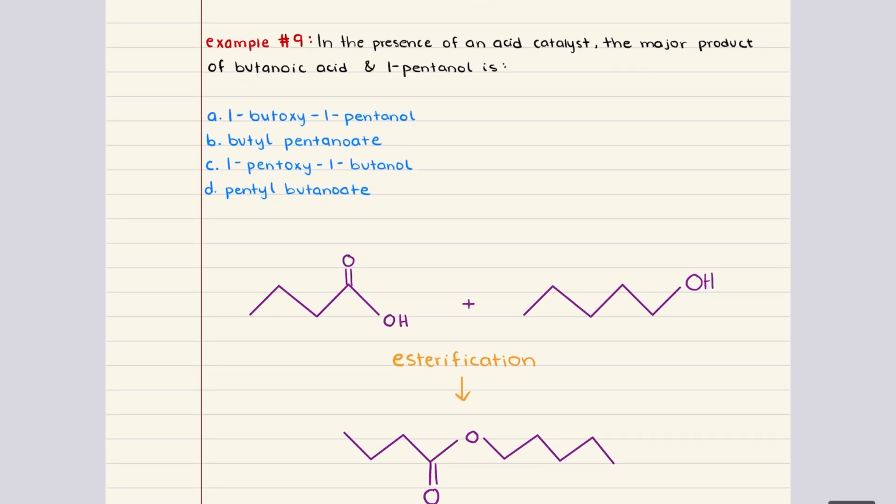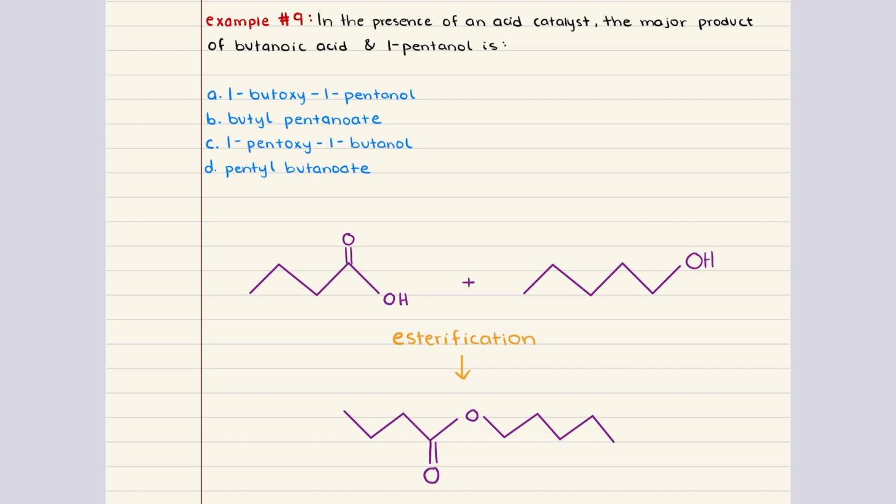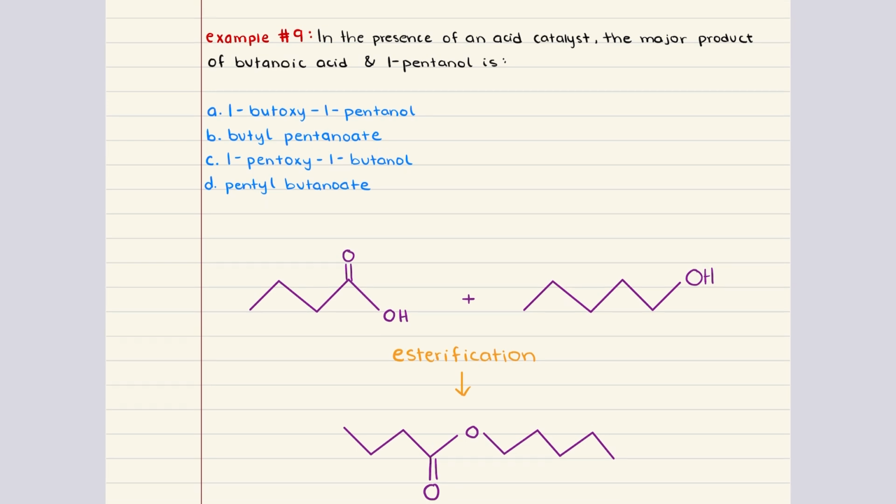Problem 9 says, in the presence of an acid catalyst, the major product of butanoic acid and 1-pentanol is blank. Okay, so we're reacting butanoic acid with 1-pentanol in the presence of an acid catalyst. This should immediately tell us that we're performing an esterification reaction.